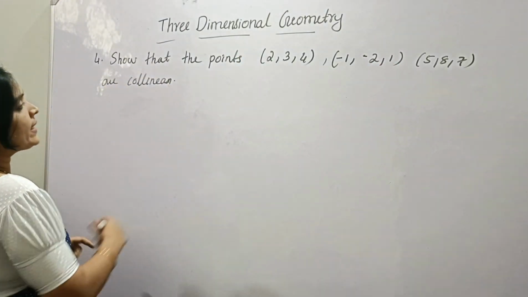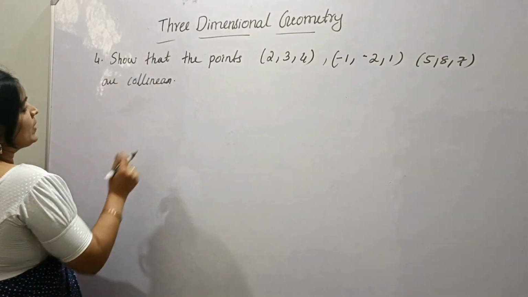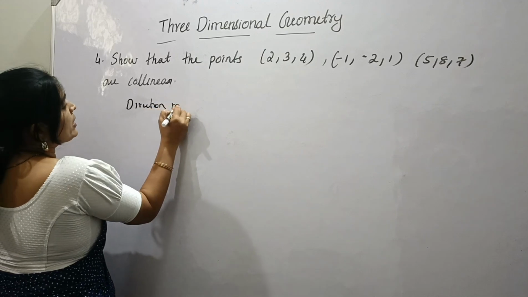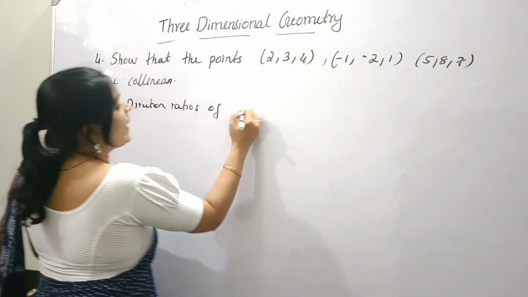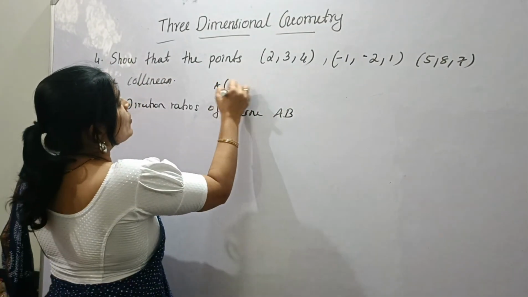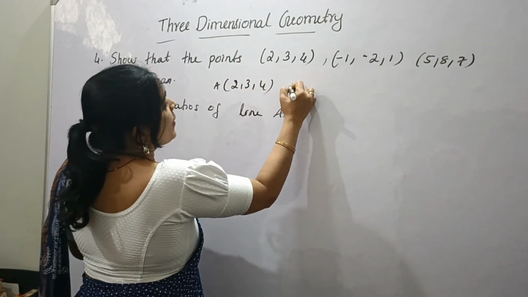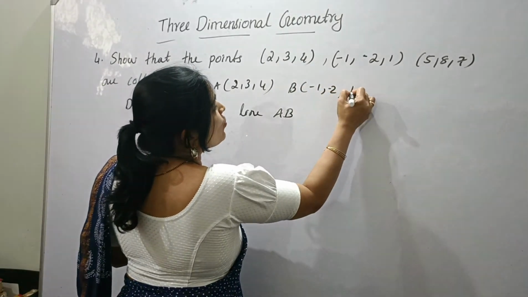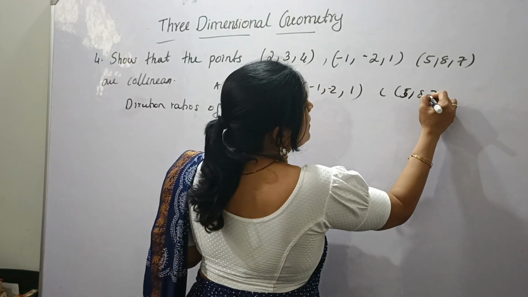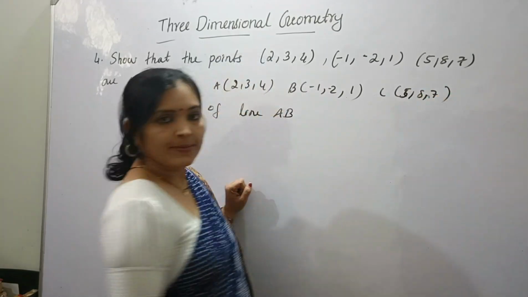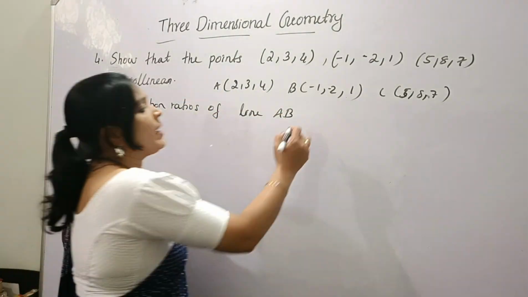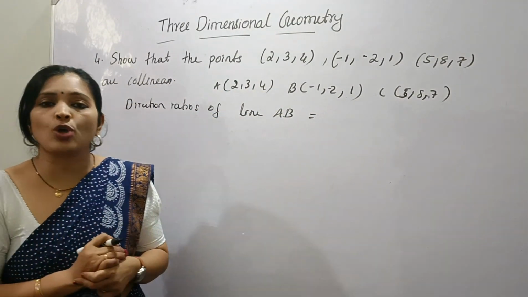So here let's take A, B, C as the points. Then let's find direction ratios of line AB. These are the points A of 2, 3, 4, B of -1, -2, 1 and C of 5, 8, 7. Okay. Then direction ratios of line AB, how to find direction ratios of 2 points?